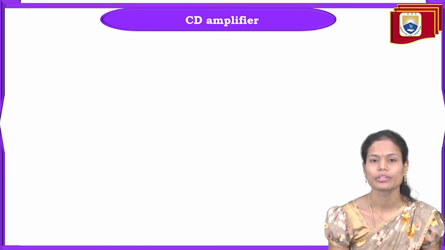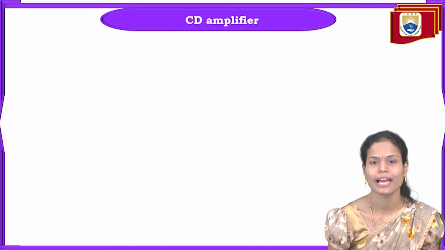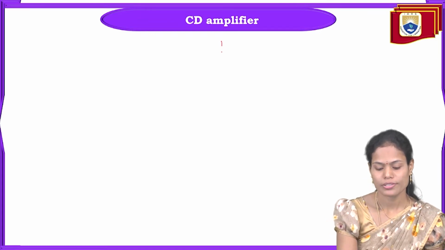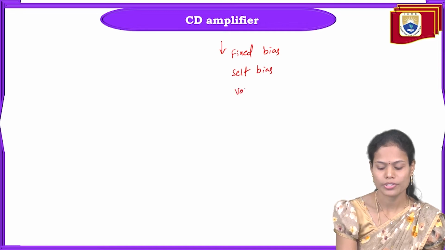Before going to solve the problems, in the case of the CD amplifier, we will utilize different biasing techniques in order to operate it at a proper operating point and as a stabilized device to provide the proper amplification. So here we utilize fixed bias, self bias or voltage divider biasing.